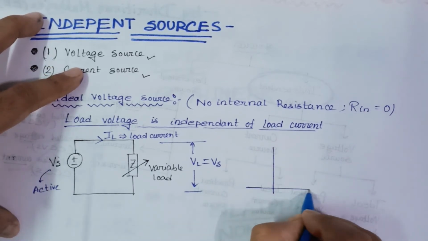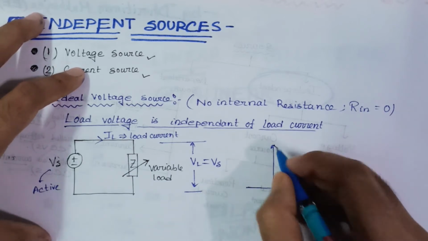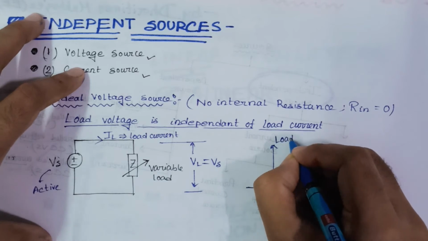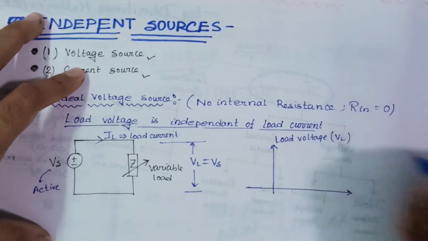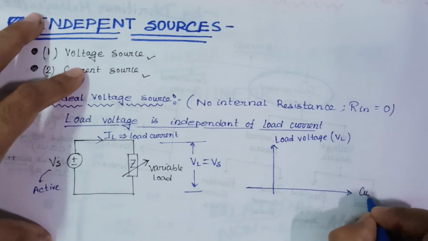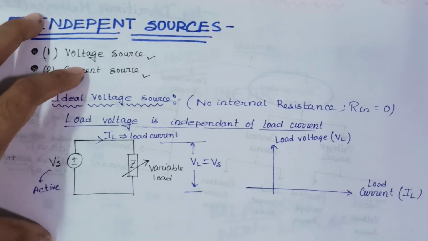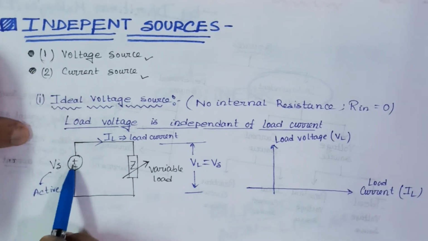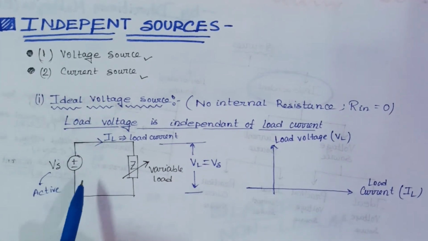This VL should be equal to Vs. And now if we draw the V versus I characteristics graph, that is load voltage VL versus current, which current? Load current, that is IL. Now you tell me, is this value variable?